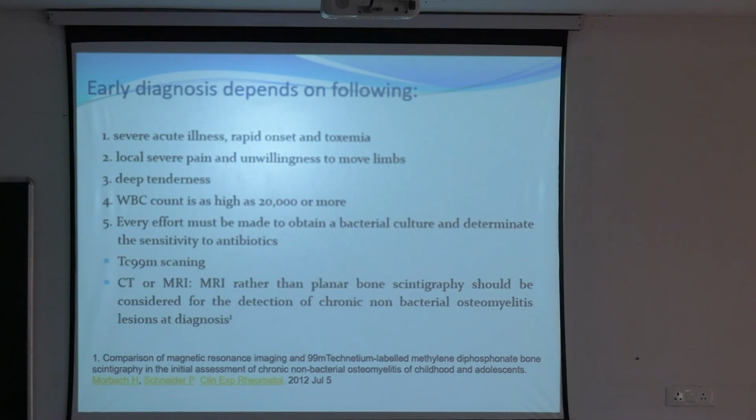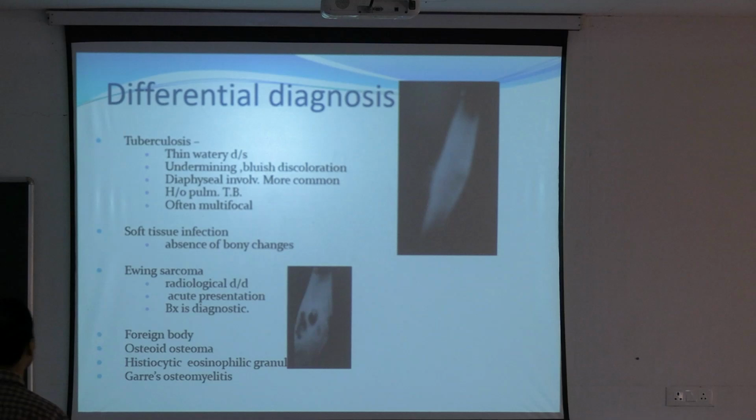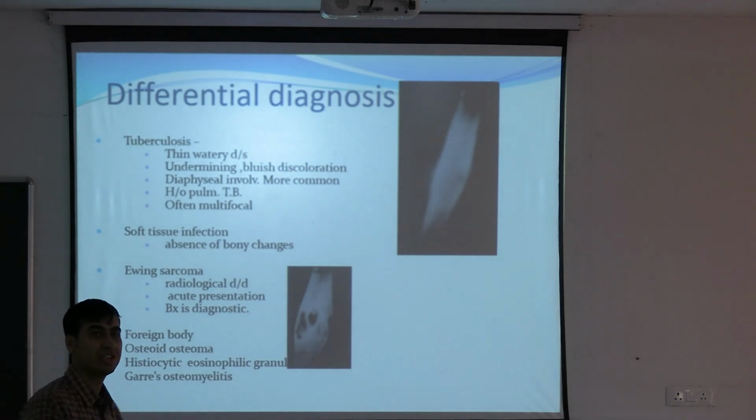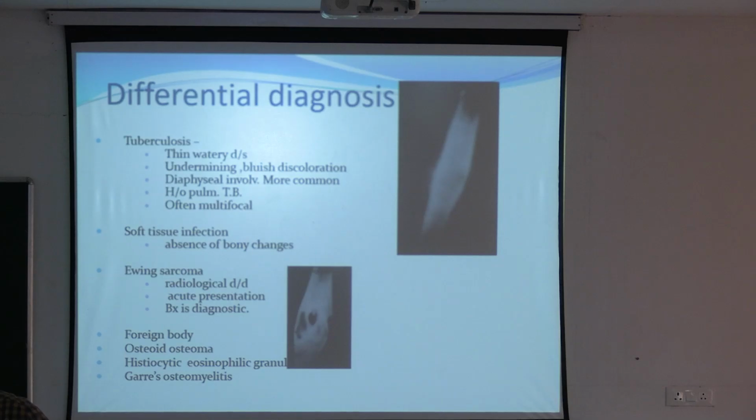Let's go on. What else do we have? Moore and Peterson's criteria not needed. Paltova, Van Evans not needed. Differential diagnosis. This is what you have to write in exam. Once the diagnosis has come, after that you have to write what else can have similar features. Most common is tuberculosis in our country.